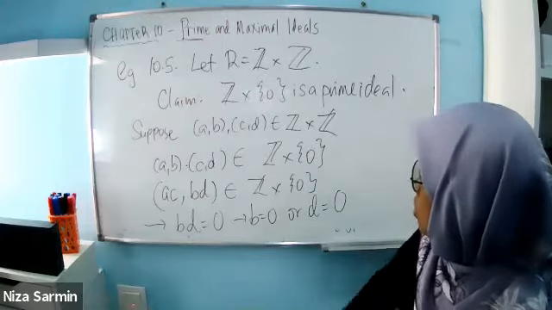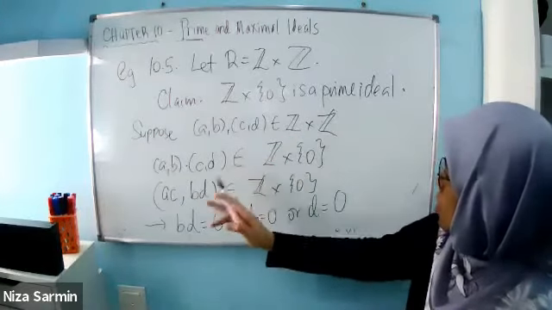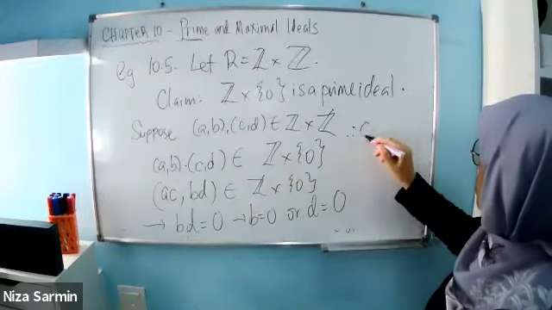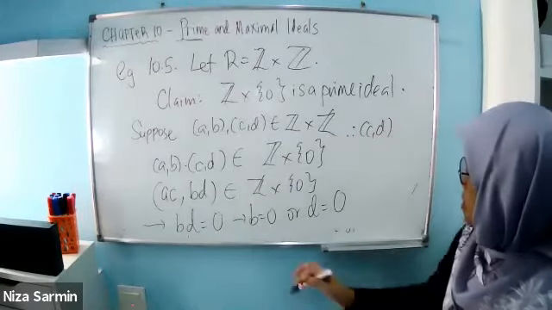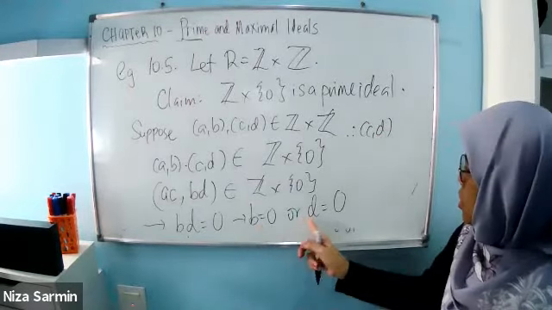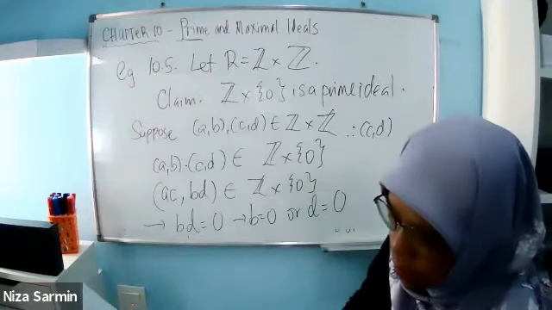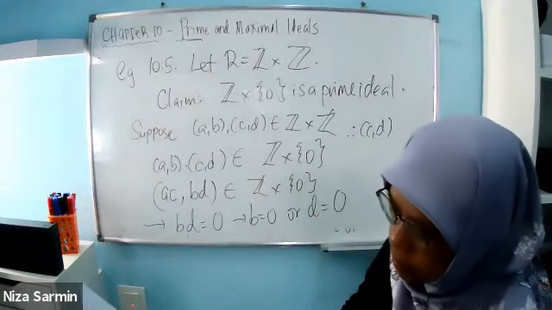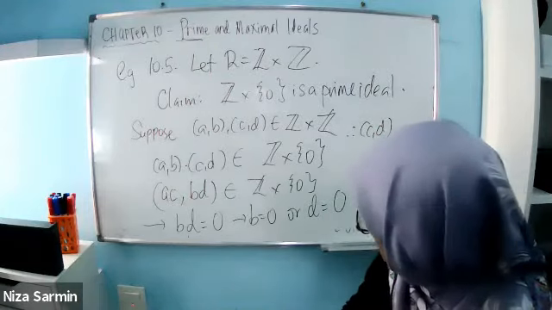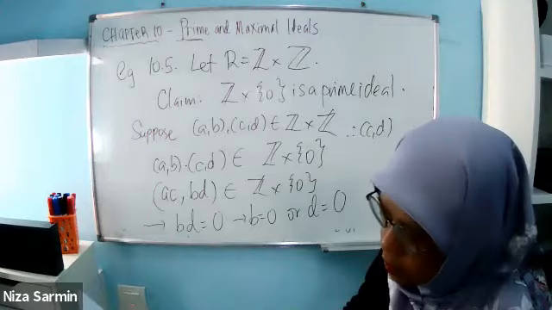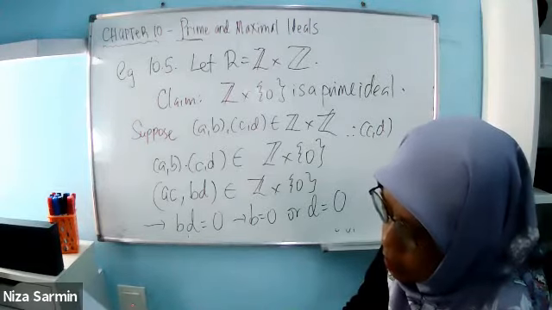So since B is 0 or D is 0, the product is AC, BD, right? AB times CD.